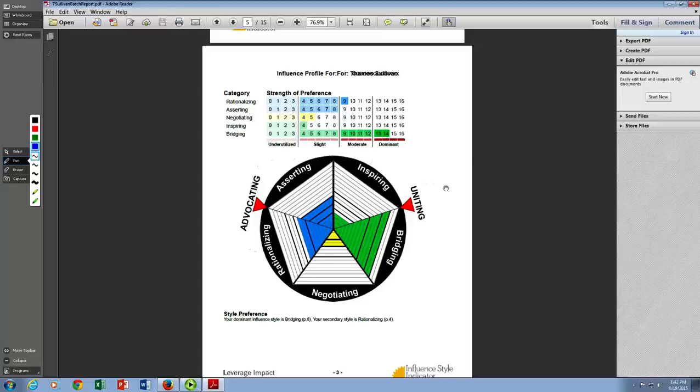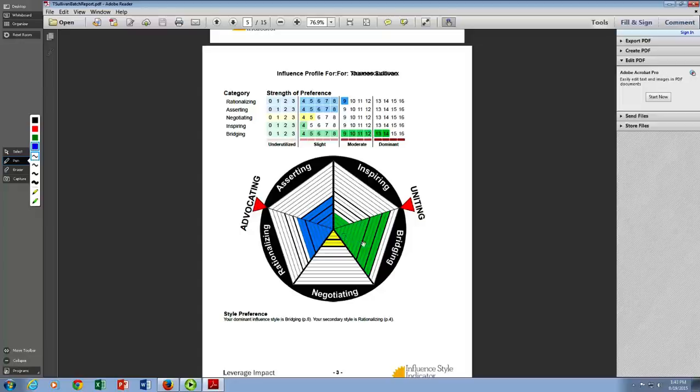When we look at the description below, in this spider diagram, you're seeing a couple of lines that are bolder than others. This is the normative data. This says, based on their particular database, how many people will have this number of answers in what quantity. So each dark bolded line represents the 25th, 50th, and 75th percentile.